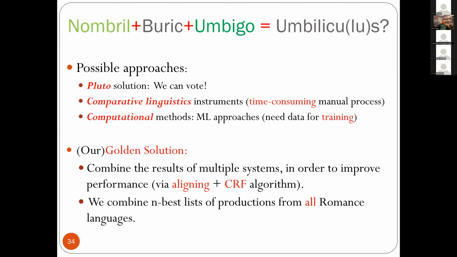We can vote for the century, the comparative linguistics instrument. That method was the best method, and we want to see if via our computational approach based on machine learning or modern technologies, we can obtain better or competitive results.